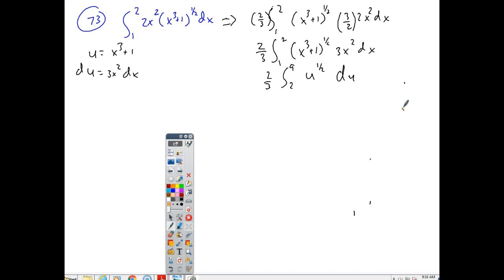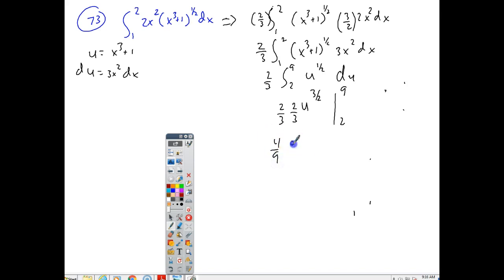Raise the power by 1. Divide by the power you get. Larry, you looked down at a pivotal moment. That was a huge moment. With me? Okay. 4/9.